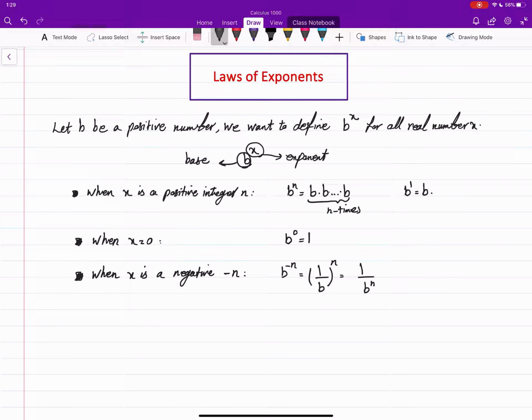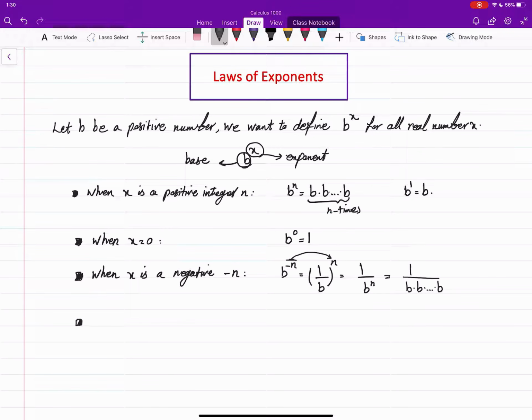So if you reverse b, that is, find the inverse of the base, and then find the positive exponent of that, I drop the negative sign. That will be the same as 1 over b to the power n, and that is the same as b times b up to n times in the denominator. So by this, we know how to find b to the power -3, -4.